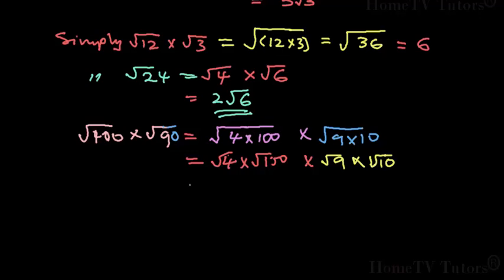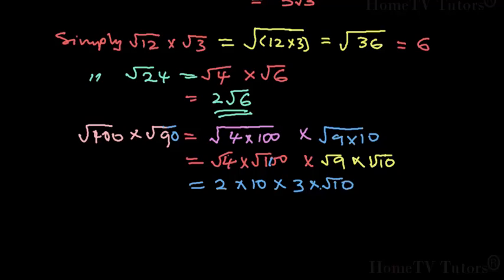So we'll simplify further. Square root 4, being a perfect square, is 2. The square root of 100 is 10. Good. Then the square root of 9, a perfect square, is 3. Square root 10 is a surd, so we'll leave it as square root 10.